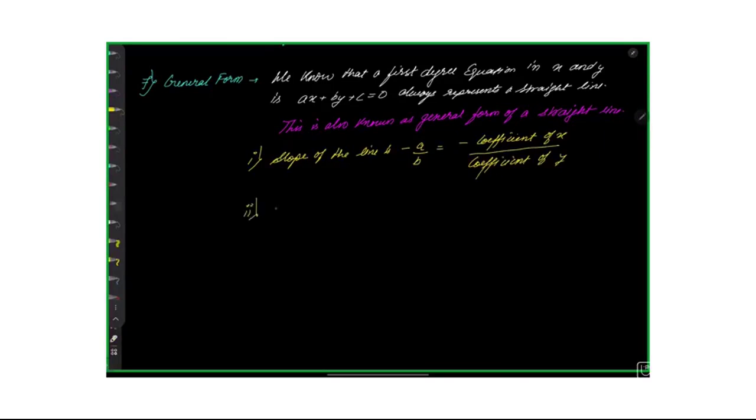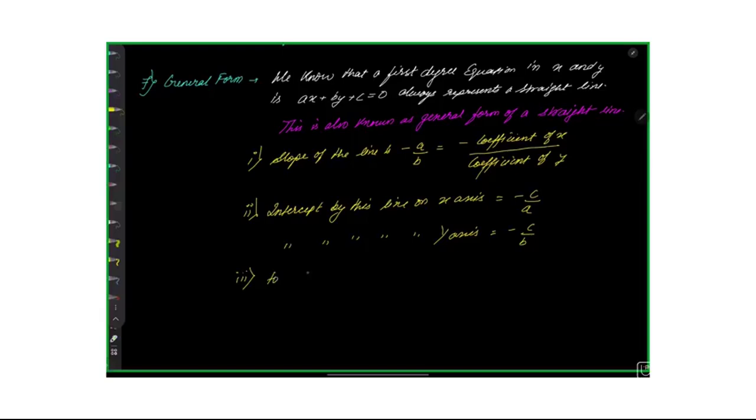I'll explain how. Intercept by this line on x-axis is equal to minus c by a, and intercept by this line on y-axis equals minus c by b, right?